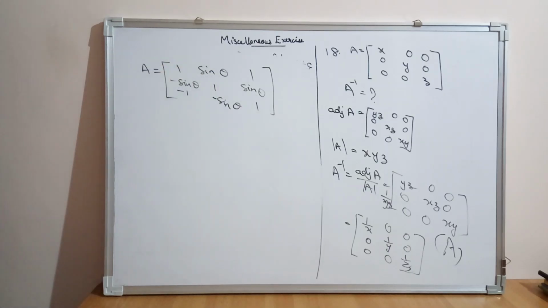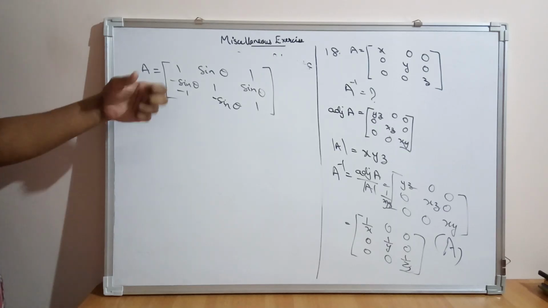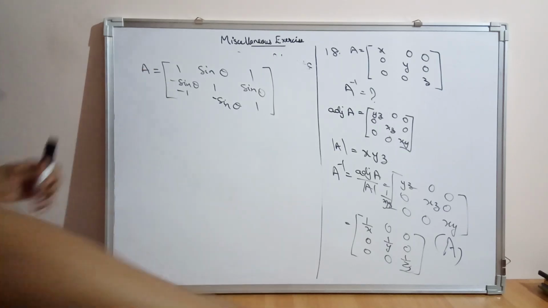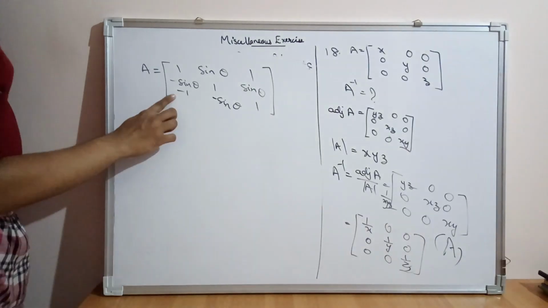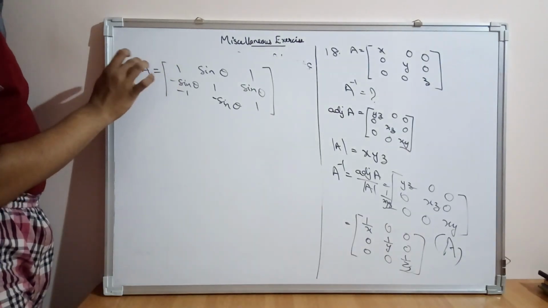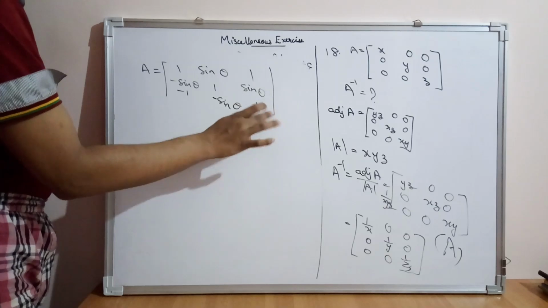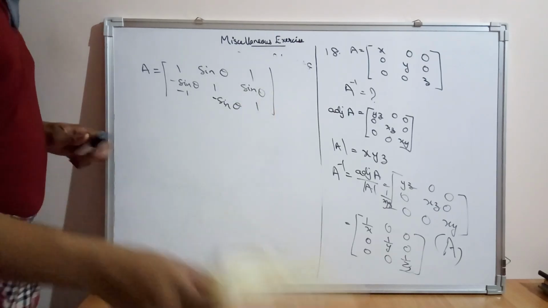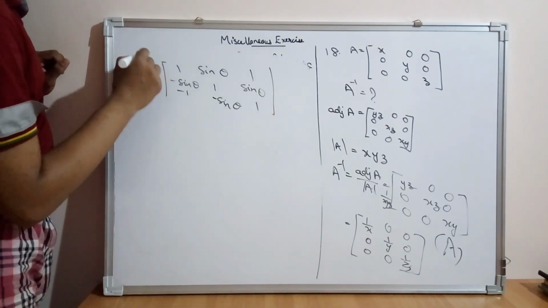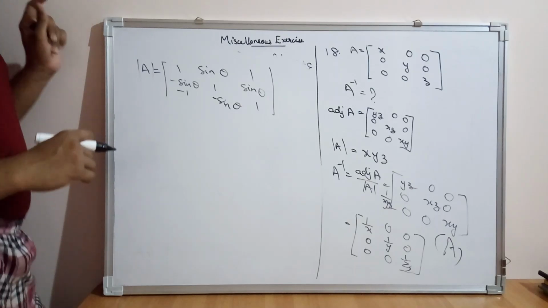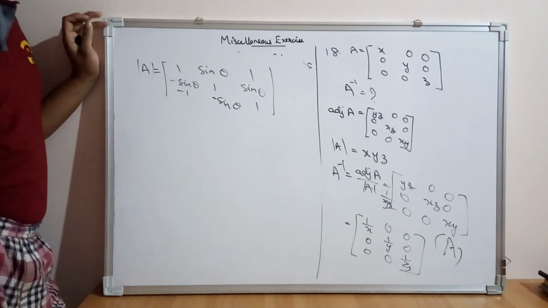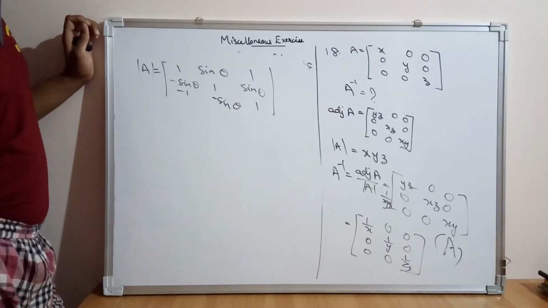You are asked for the determinant value of this particular matrix, as all the options correspond to it. So instead of writing it like this, I'll just write it together. Determinant value of A, I need to just calculate this.